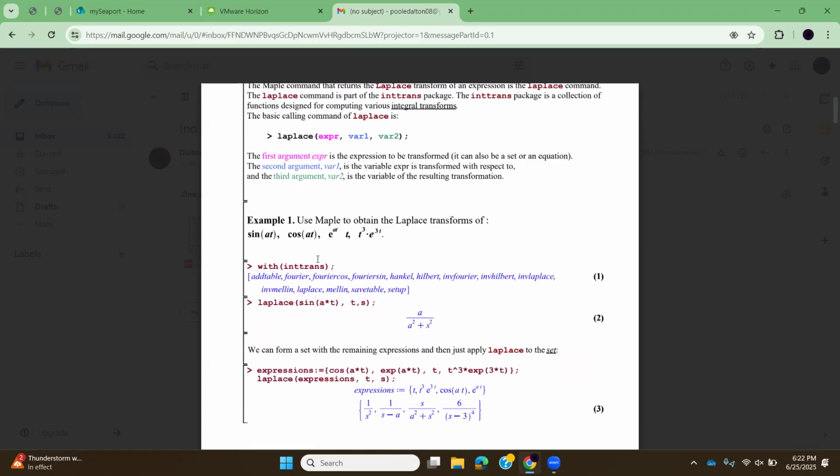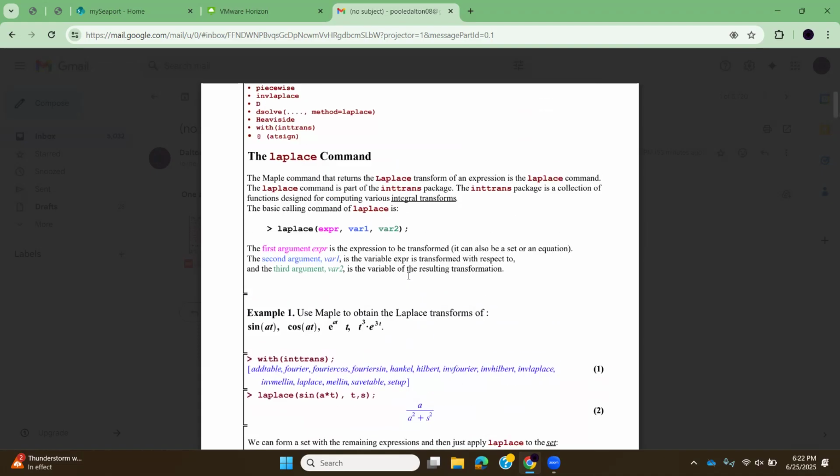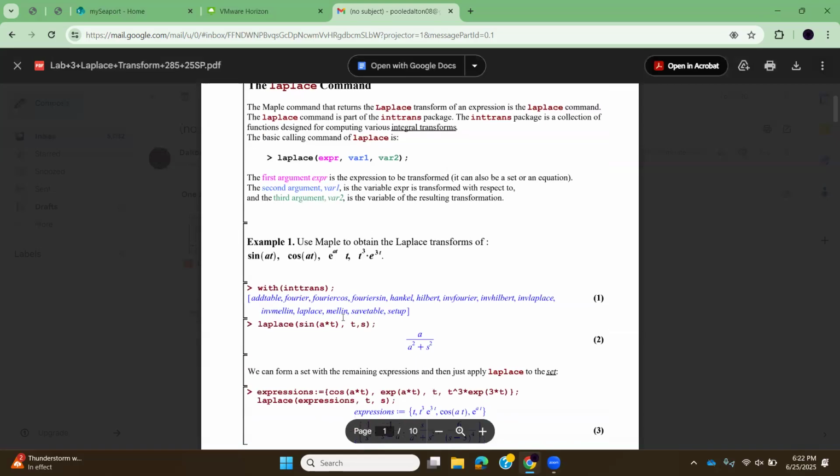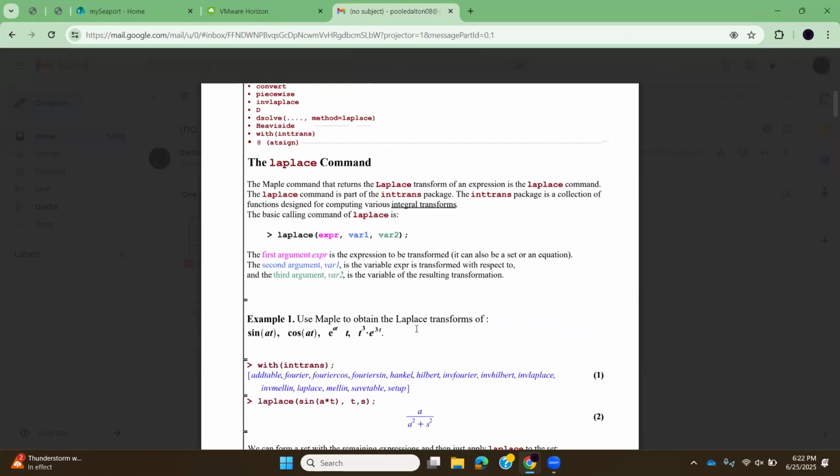We get the Fourier transform, Fourier cosine transform, Fourier sine transform, the Hankel transform, Hilbert transform, the inverse Fourier, inverse Hilbert, inverse Laplace, Laplace, Mellin transform, inverse Mellin, and then a couple other things here that I think are just part of Maple, like add table, save table, setup, etc.